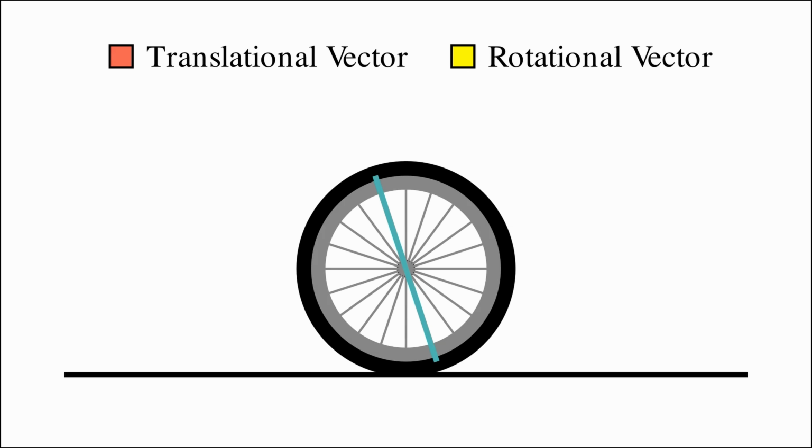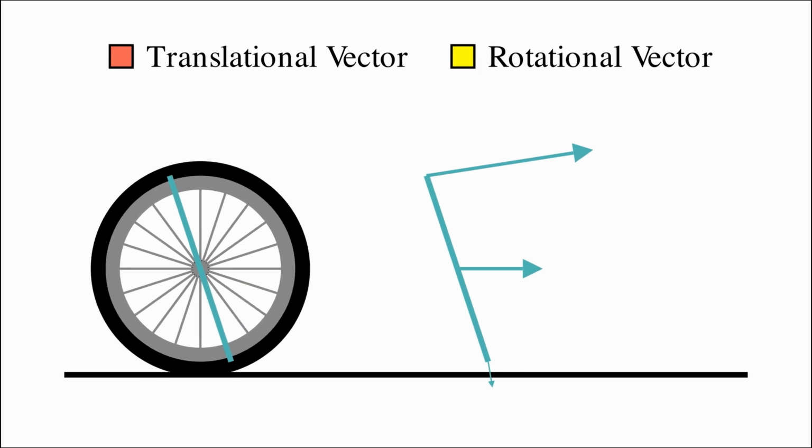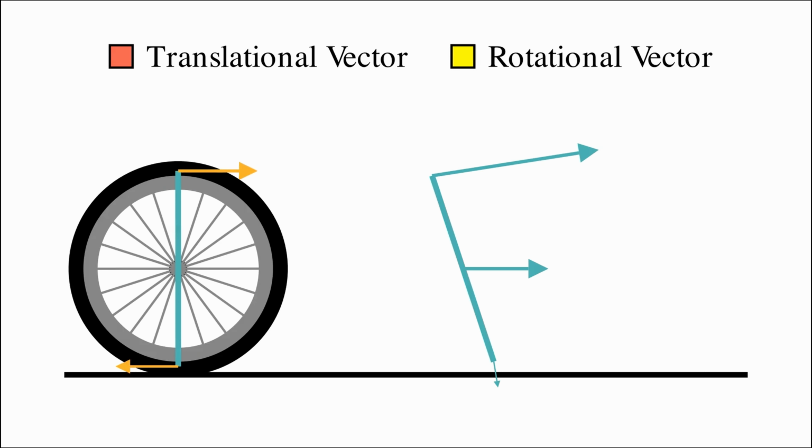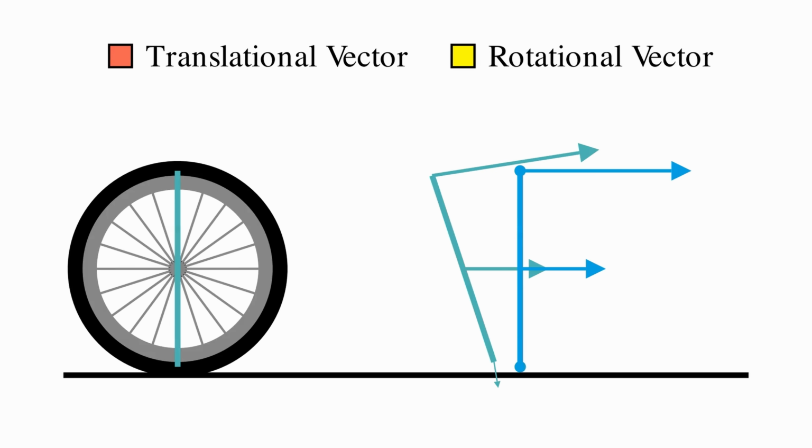If you focus on a specific axis of the wheel and draw the vector sum of translational and rotational vectors at each point, you will notice that the length of the vectors at the top is bigger than the vectors in the middle, and the length of the vectors in the middle is bigger than the vectors at the bottom.